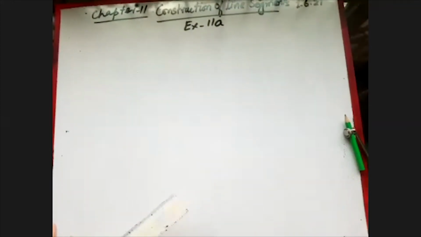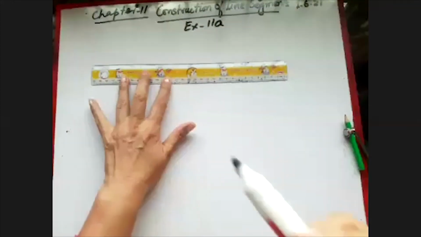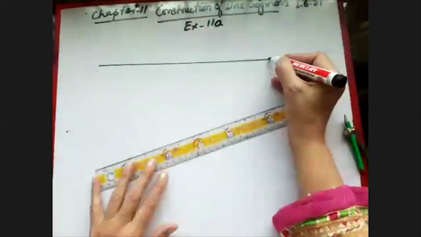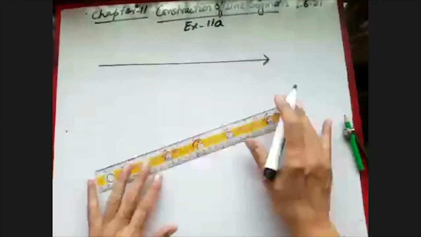So put your compass aside and draw a ray on your notebook with the free hand, because you have to add up both the lines on this ray.